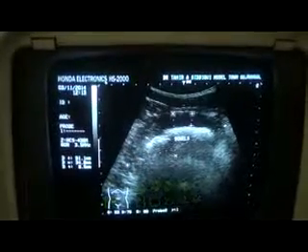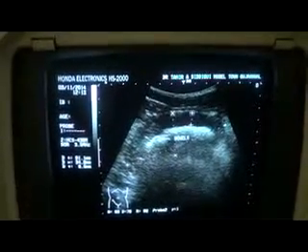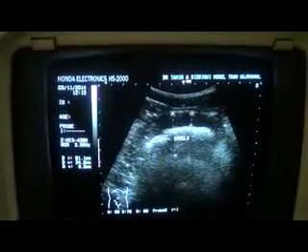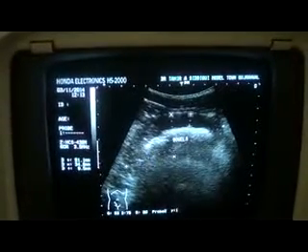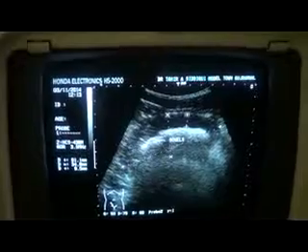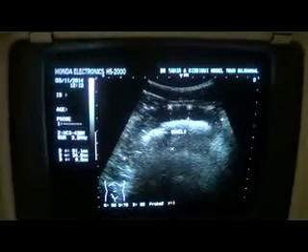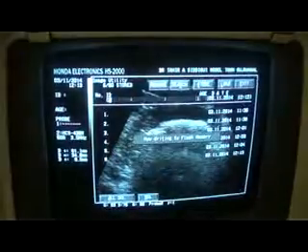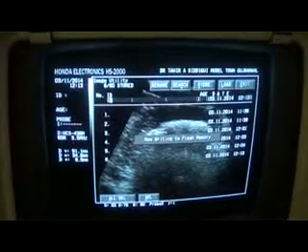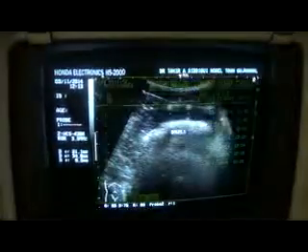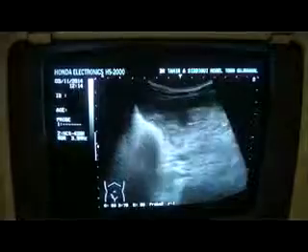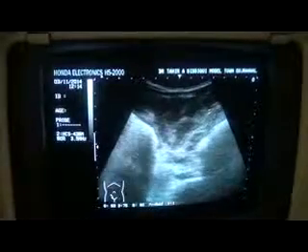Now this is the right lower abdominal quadrant here. I am getting it from here. So this is a case of, see the bowels.